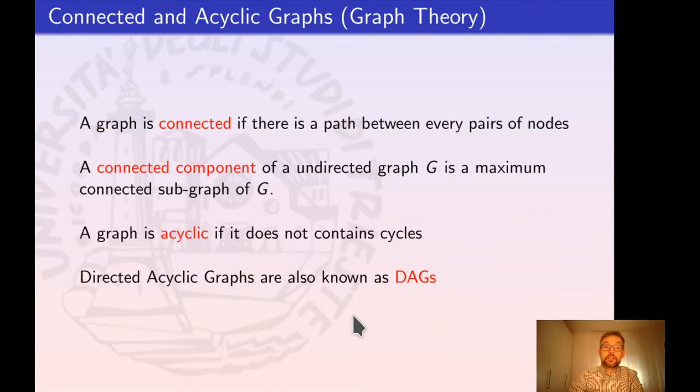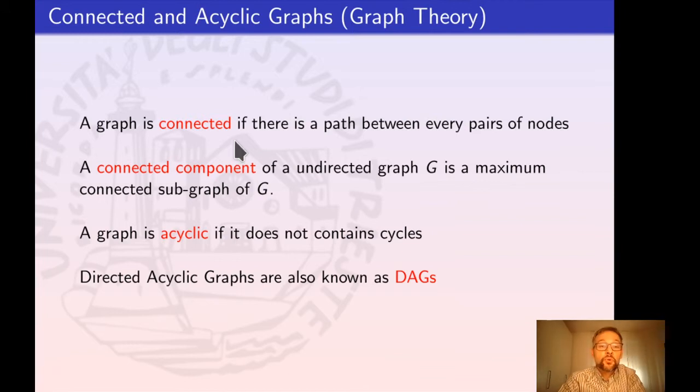And some other small definitions about graphs from the graph theoretical point of view. Of course, a graph can be connected or unconnected. A graph is connected if there is a path between every pair of nodes. So every pair of nodes are in some sense connected by a path.